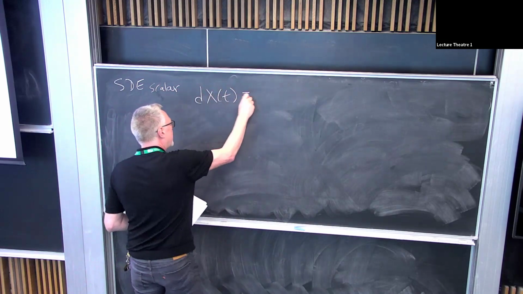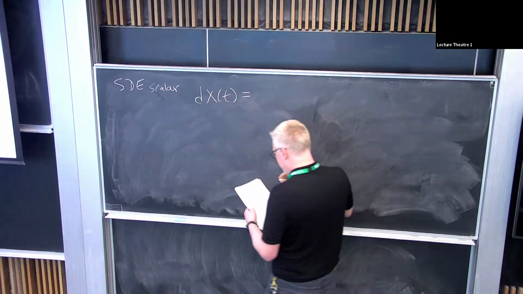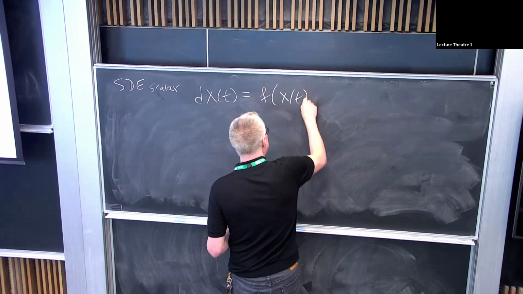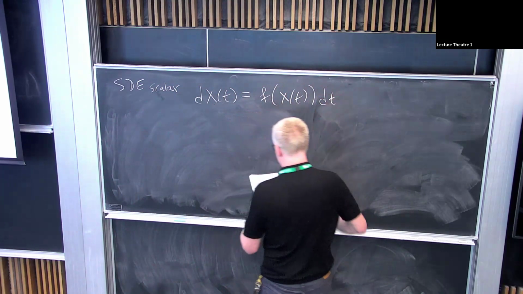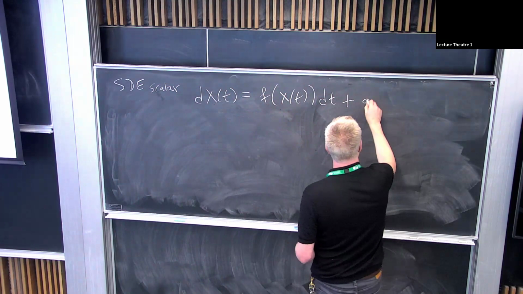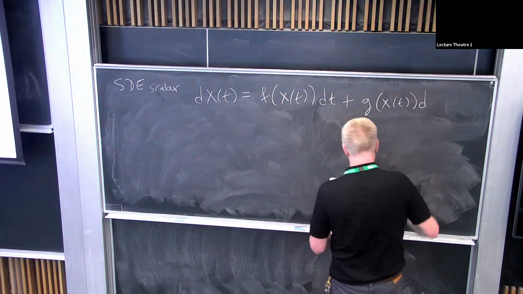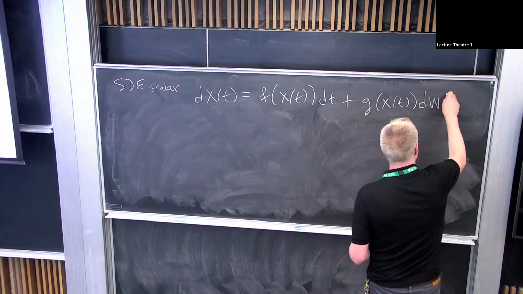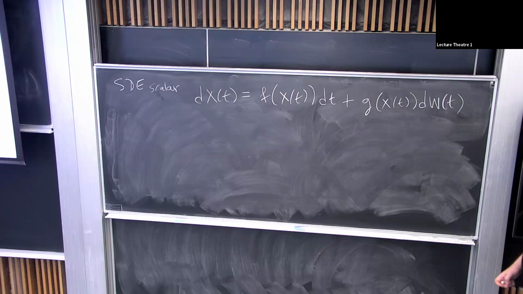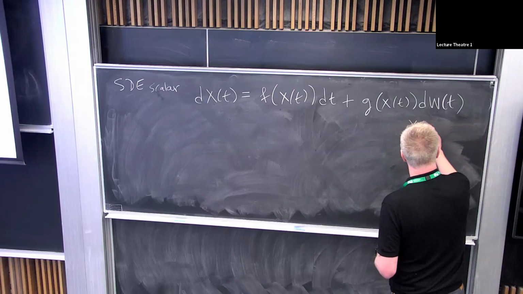I tend to use capital letters for random variables and stochastic processes. So this is one way to write the SDE. You have a drift given by some function f, and a diffusion function given by g, and you have a Brownian process Wt, Brownian motion, and we're thinking of finite time solutions.